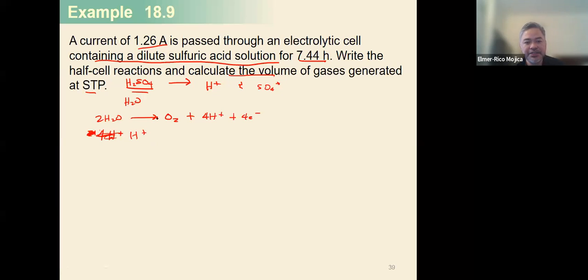So you have an H plus there that's coming from your acid, and it will react with an electron to produce H2. So what do we do here? If this is the half reaction, this is the oxidation, this is the reduction. So we multiply this by 4.